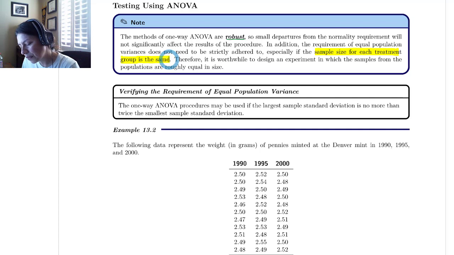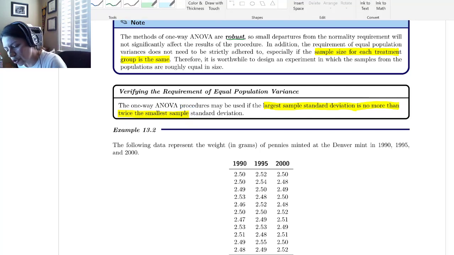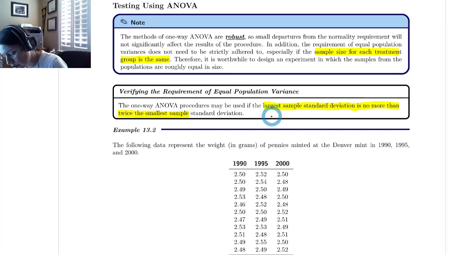And the last thing: one way that we can verify the requirement for equal population variances is to take the largest sample standard deviation and make sure that it is no more than twice the smallest standard deviation.